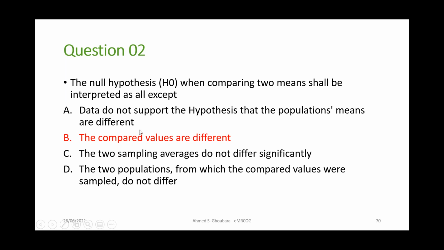Your choice B, the compared values are different, is incorrect. The null hypothesis states that the compared values are not different, or differ insignificantly, or there is no significant difference between the groups. But B tells you that the compared values are different, which is incorrect. So this should be our choice because we are talking about the except here. Okay, Dr. Baba. Thank you.